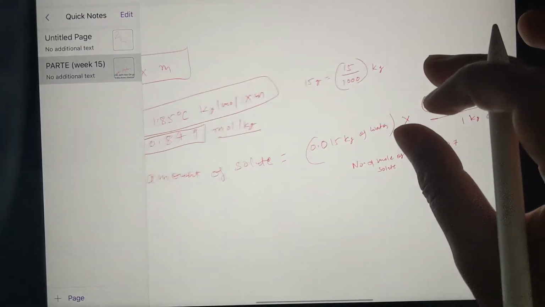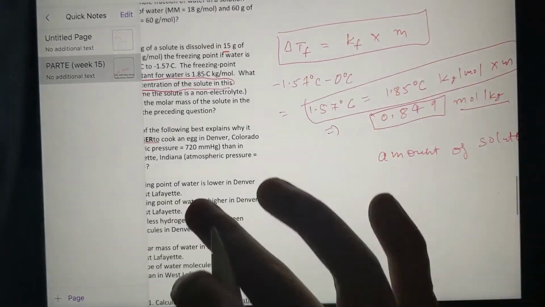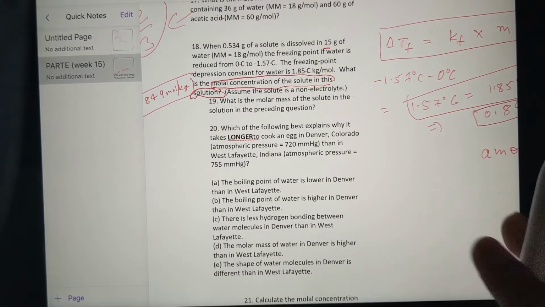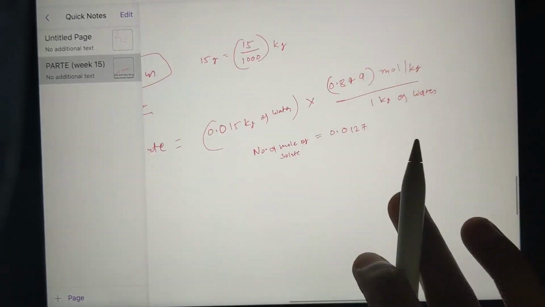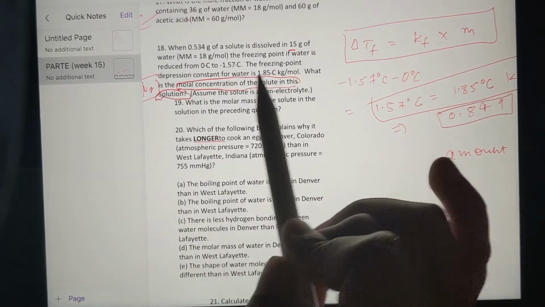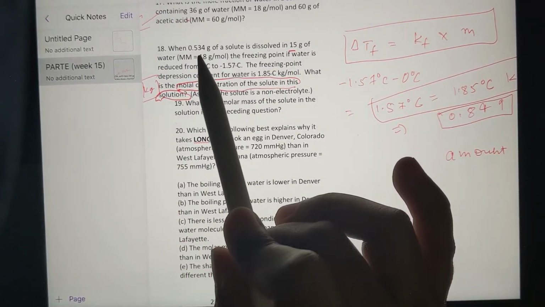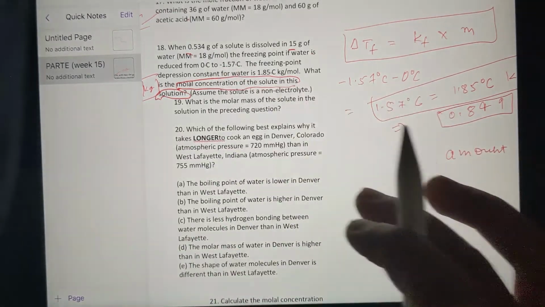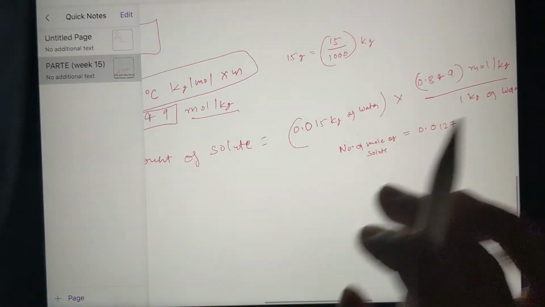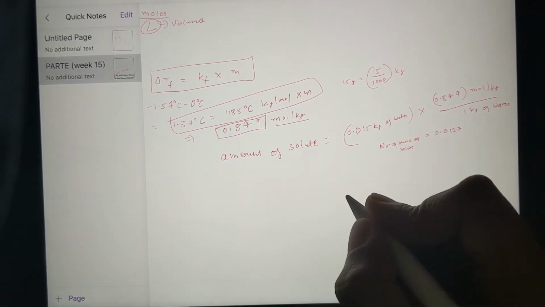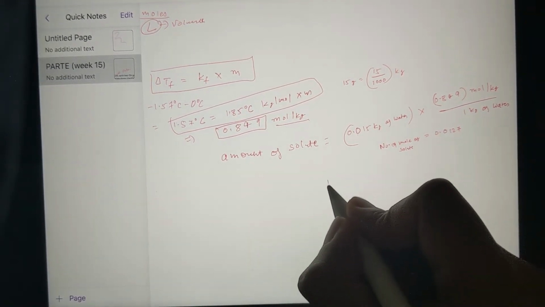And the question is asking you to calculate the molar mass. So you have the number of moles that you just calculated here, and you have the weight of the solute. So when you have the weight of the solute and the number of moles, you can calculate the molar mass easily just by this.